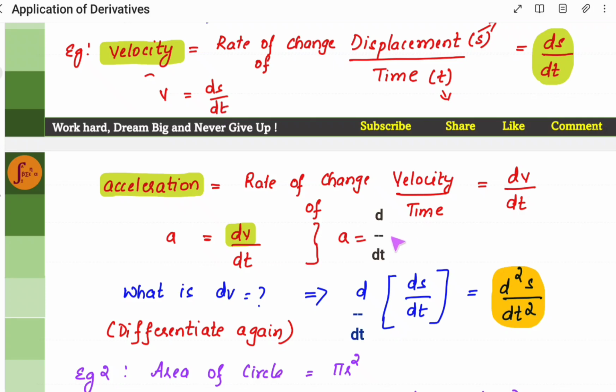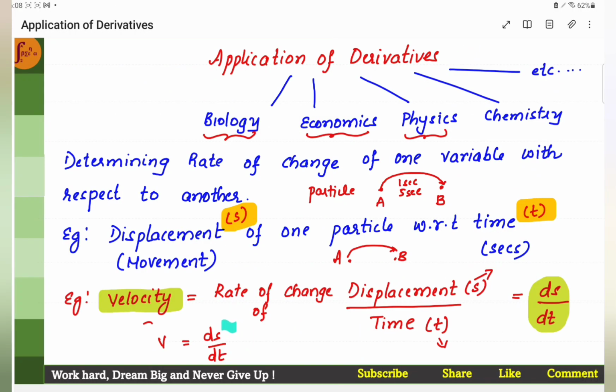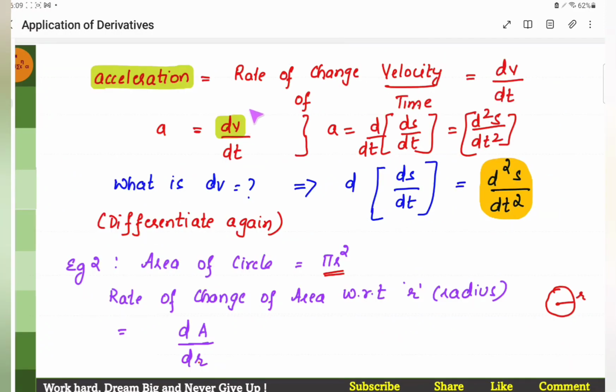Instead of v, we'll put ds by dt, which is nothing but double differentiation, so it is d square s by dt square. So that's what we have told here. If you double differentiate s, you'll get acceleration, or if you differentiate velocity once, you will get acceleration.